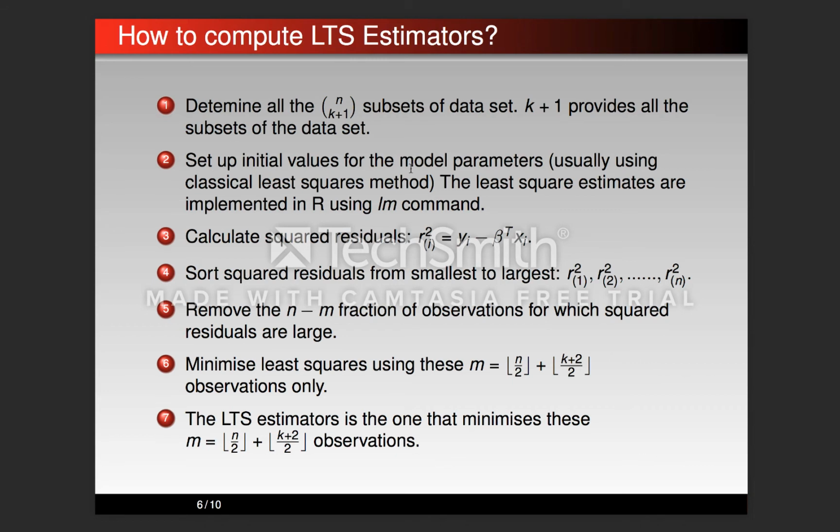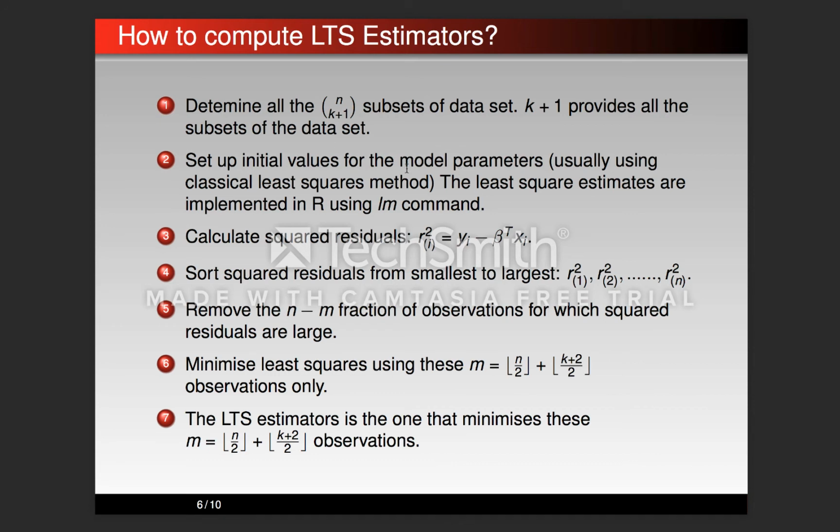Once we determine the subsets of data to use for the least square estimator, then we set up initial values for the model parameters, usually using the ordinary least square method, and it is implemented in R using the lm command. The next step is to calculate the squared residuals.